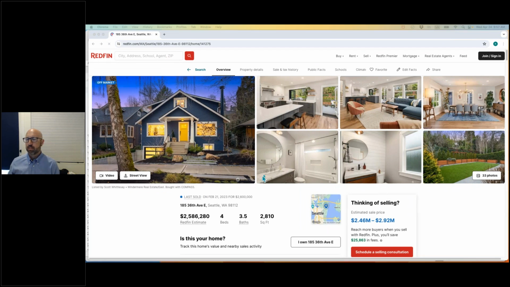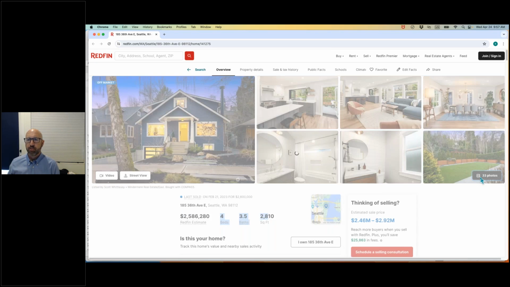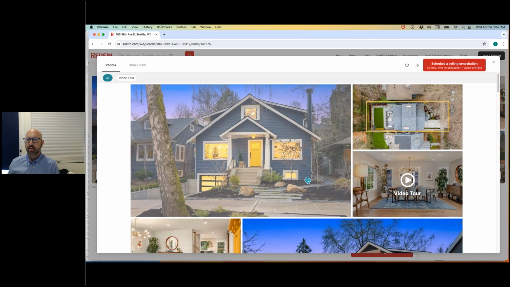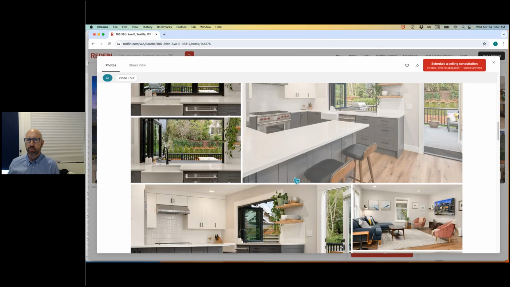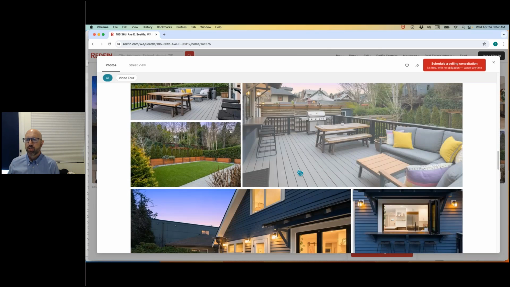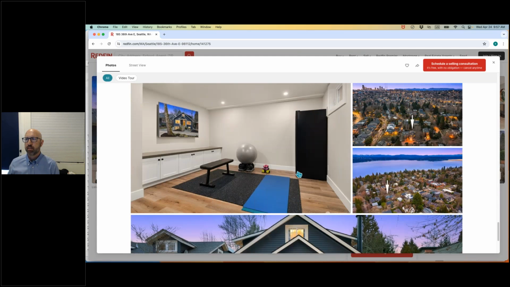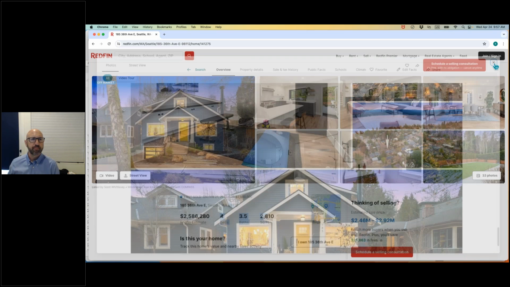We can see that this is much different from what we saw before. Notice that this one sold last year for 2.6 million, but it is predicted to sell for even less if we were to sell it today. 4 bedrooms, 3.5 bathrooms, 2,800 square feet. And you can see what this property contains. It has a backyard, the kitchen looks nice, etc. So it's a very different property than the one we saw before.